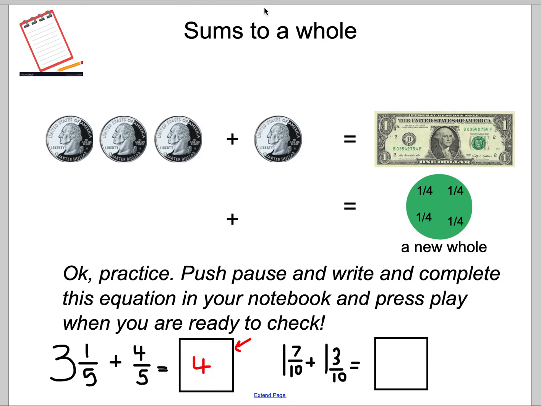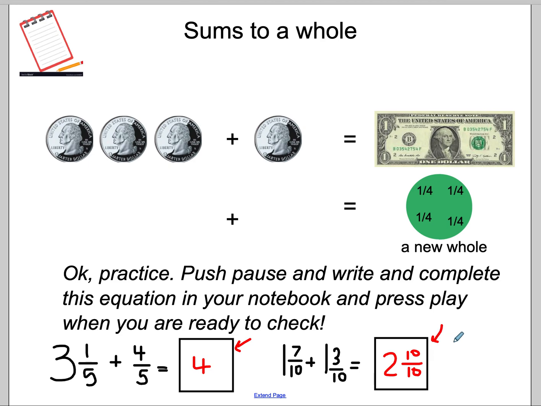Over here we have 1 and 7/10 plus 1 and 3/10. I would do the fraction first. 7 plus 3 is 10. And remember, we do not add the denominator. And then we have 1 plus 1 here. So we have 2 and 10/10. But do you see something there? Of course you do.